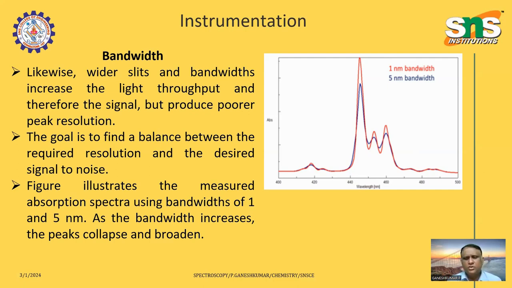There are two waves, one represented in blue and another in pink. The pink one is 1 nanometer bandwidth and this one is 5 nanometer. As the bandwidth increases, the peak collapses and becomes broader.